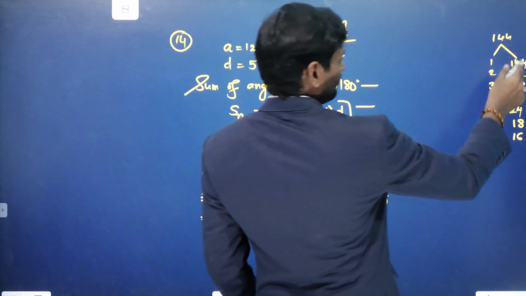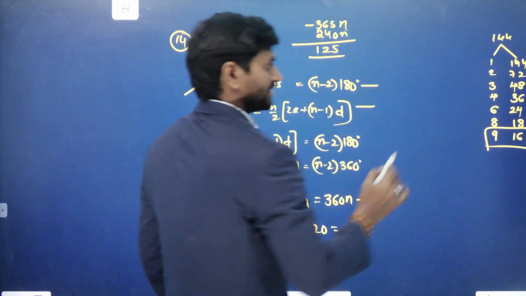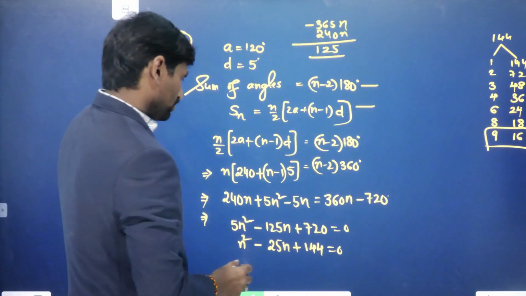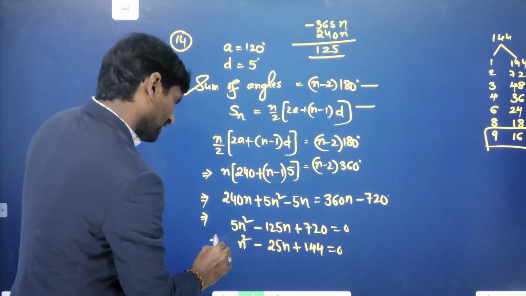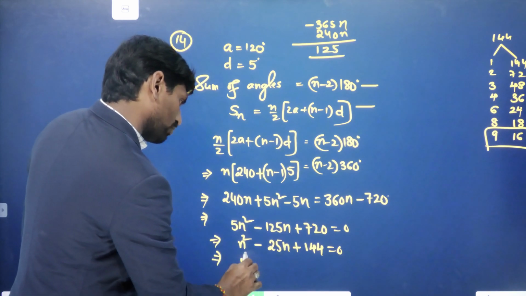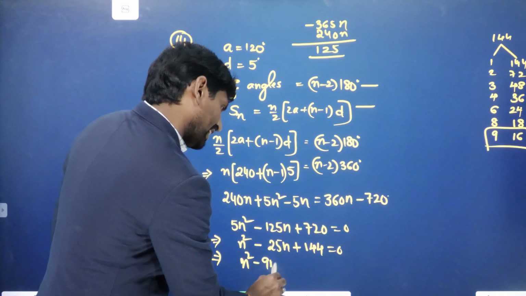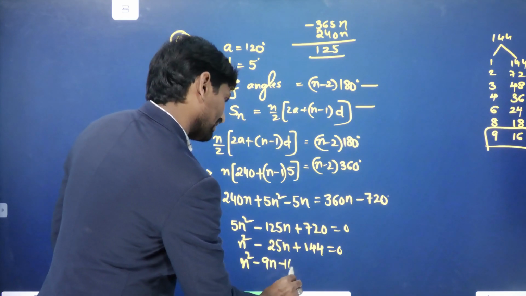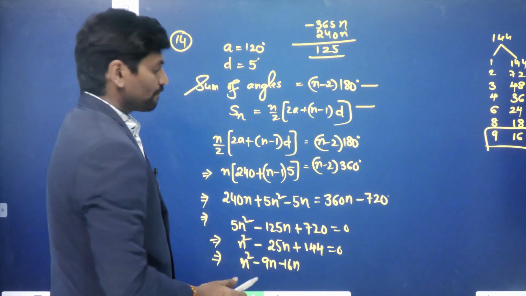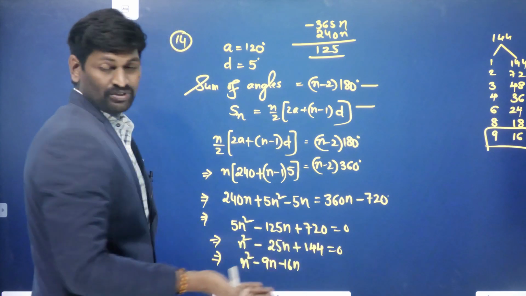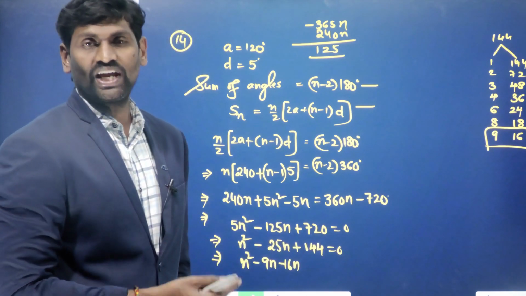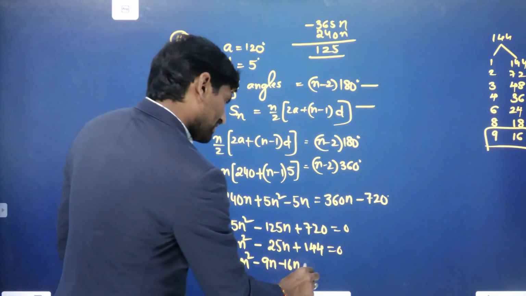So among all these factors, only 9 plus 16, 25, is suitable. That's why we write n square, and 25n we express as 9n minus 16n. Because both are negative terms, minus minus becomes minus, meaning both are negative integers, so we should add with a negative symbol. Right, plus 144.